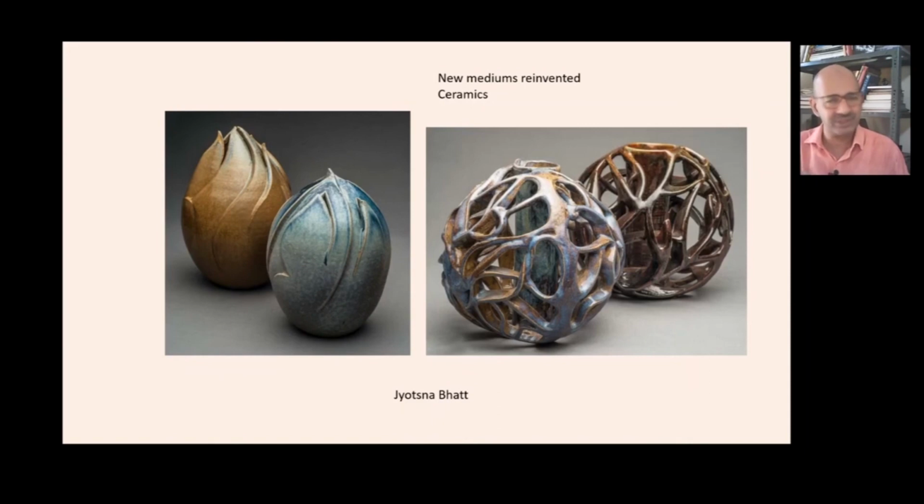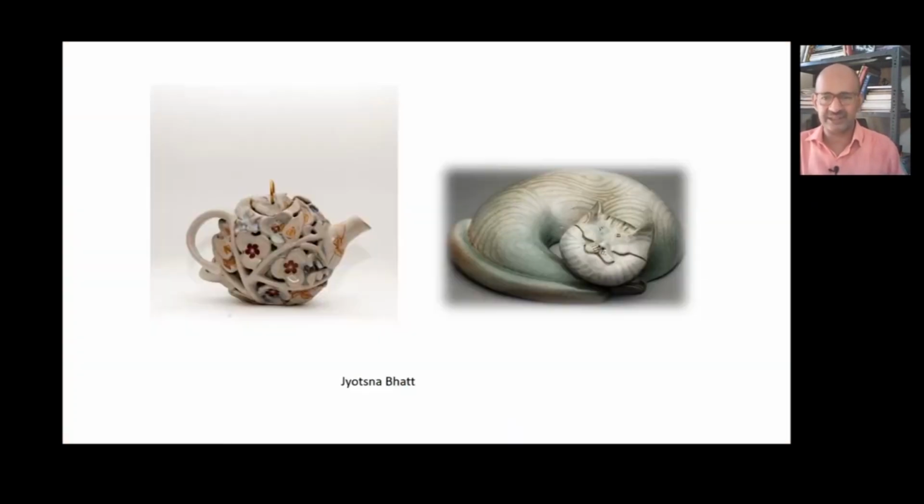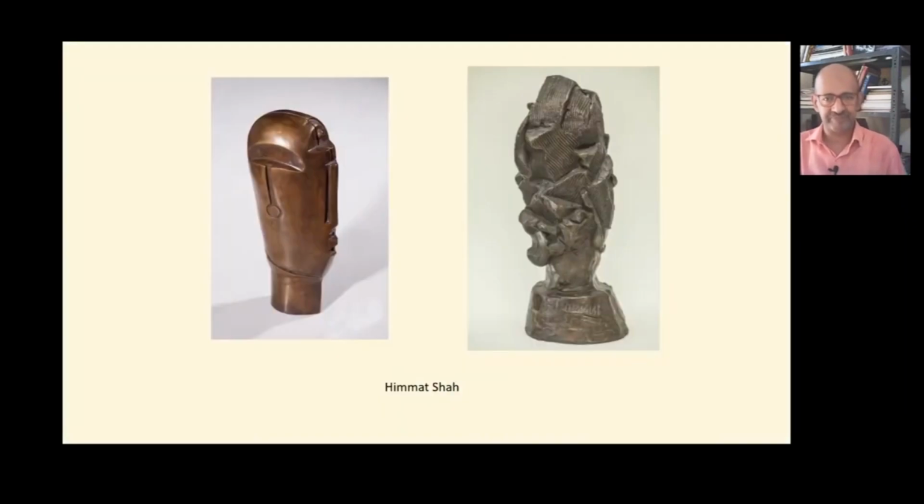Ceramic as a medium is not new, but somebody like Jyotsna Bhat reinvented the medium, reused it, and created artworks, not functional objects. So, reinvention of a medium like ceramics is one such example by Jyotsna Bhat, which allowed the artists to make beautiful forms, playful, light, and aesthetically charming.